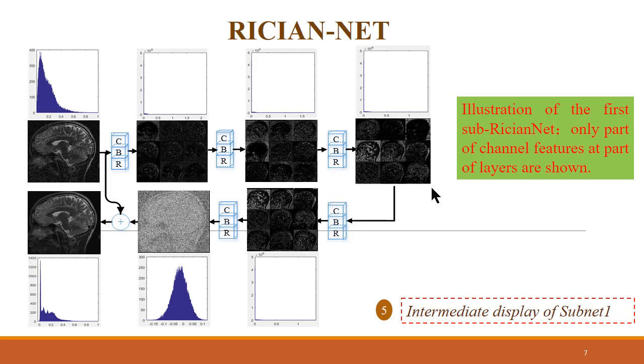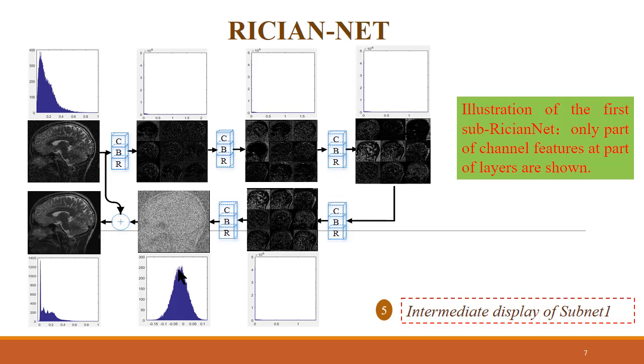Here is the illustration of the first subnet. Here are the input and the final output, and at the top and the bottom we show the histograms. We can see that for the output, the noise distribution is more like a Gaussian distribution.